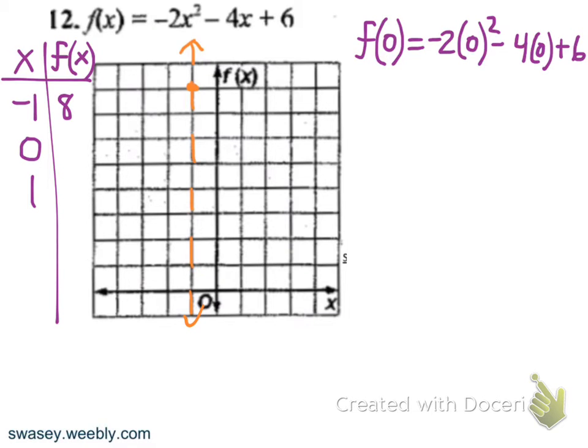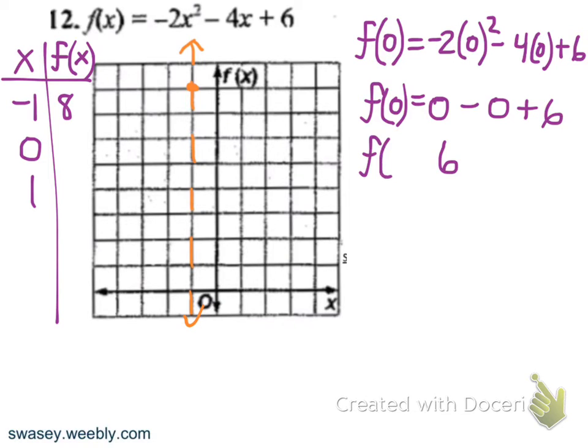Zero squared, 0. 0 times negative 2 is 0. 0 times negative 4 is 0. It doesn't matter whether you put plus 0 or minus 0 there. 0 minus 0 is 0, and 0 plus 6 is 6. So when we put 0 into this function, we get 6 out. So we have a point at 0, 6.